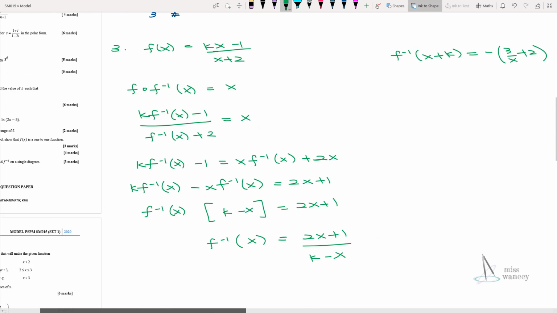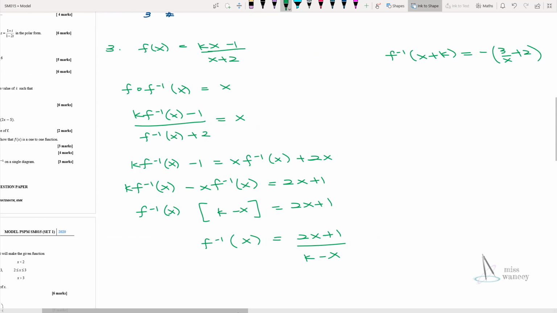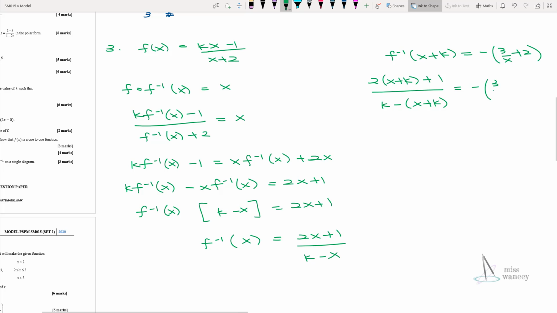Okay, correct. Okay, so now let me substitute the x with x plus k. So over here I have (2 times (x plus k) plus 1) over (k minus (x plus k)) equal to the negative of 3 over (x plus 2).